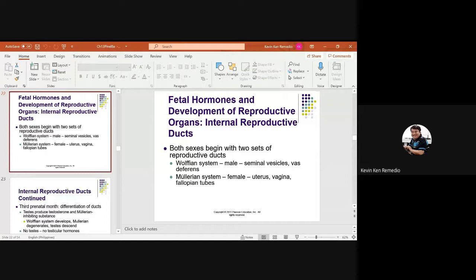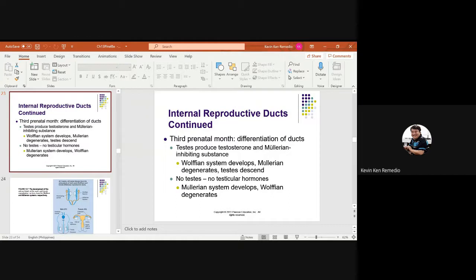And for females, gitawag siya Mullerian system. Uterus, your vagina, and the fallopian tubes. Okay? In the third prenatal month of development, magsugod na ang differentiation of the ducts. Okay? So mura magbuwag na siya sugod class.